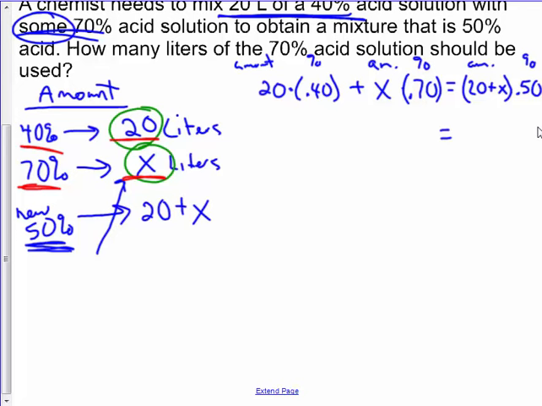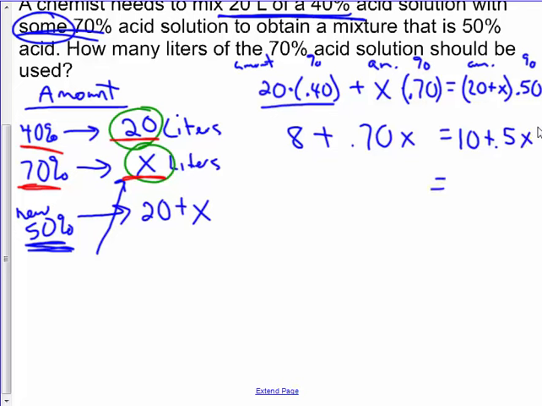So then from here, I'm going to solve it. You have options here. I'm going to take 20 times 0.4, X times 0.70, and then I'm going to distribute the 0.5 to 20 and X here. So 8 plus 0.70X equals 10 plus 0.5X.